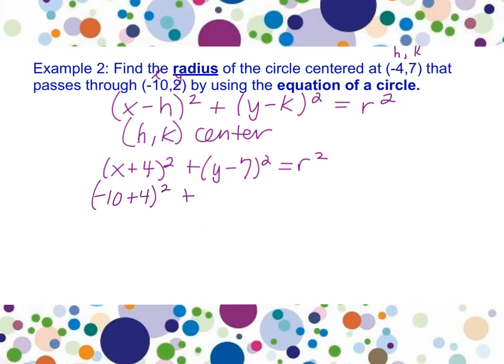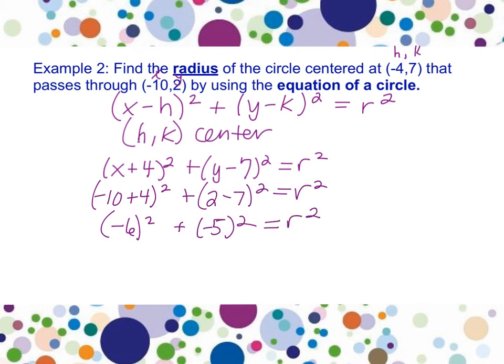And then over here for y, we said y is 2, so (2 minus 7) squared equals r squared. So now, when we simplify the parentheses, we get negative 6 squared plus negative 5 squared.